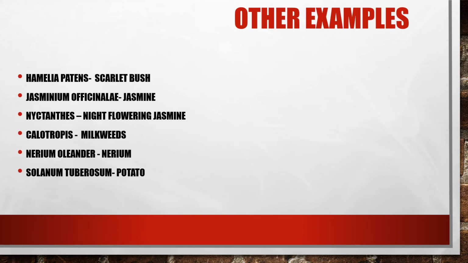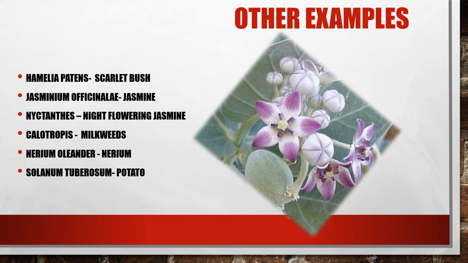Other examples of cymose inflorescence are Hamelia patens, the local name is scarlet bush. Next is Jasminum officinale, the local name is jasmine. Nyctanthes, the local name is night flowering jasmine. Next is Calotropis, the local name is milkweed. Next is Nerium oleander, the local name is Nerium. Solanum tuberosum is the local name of potato.